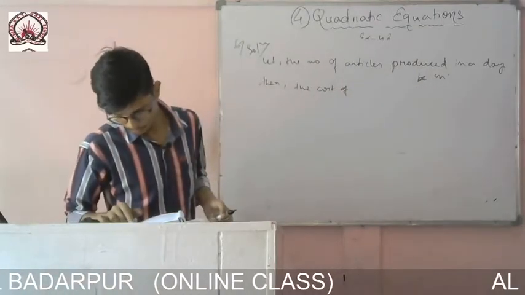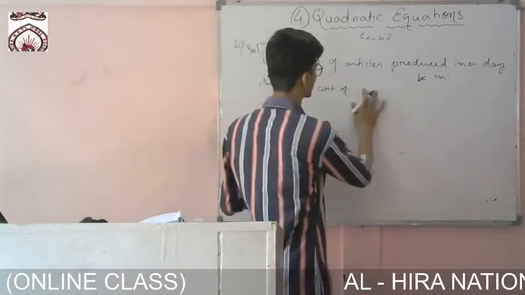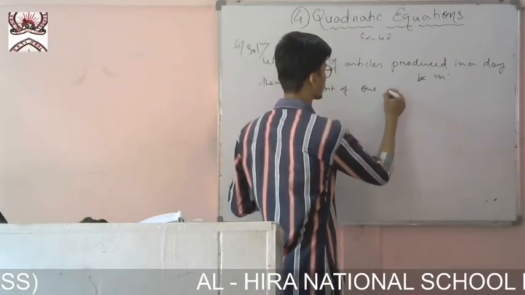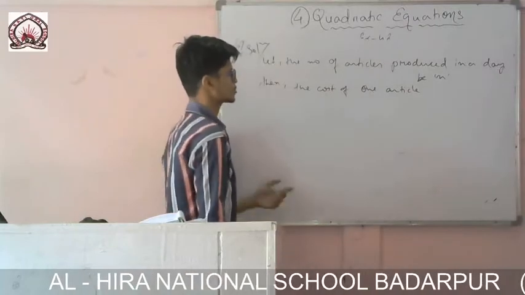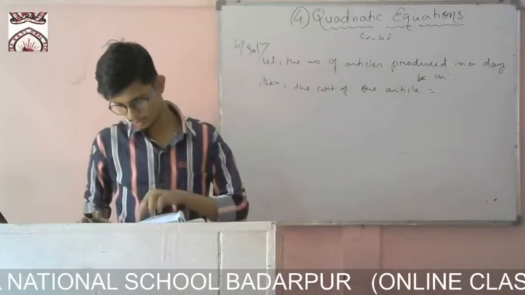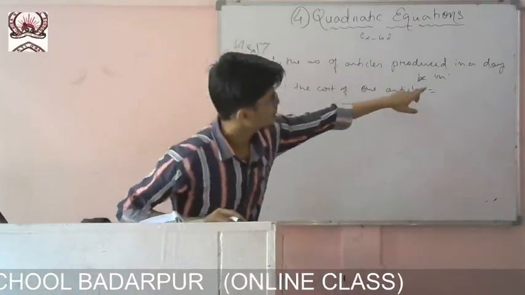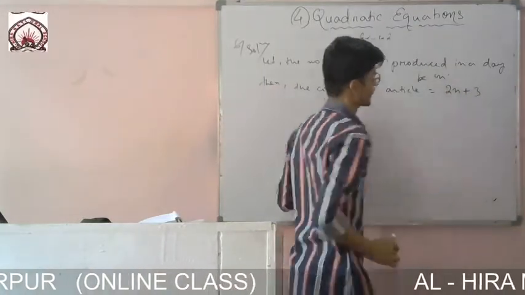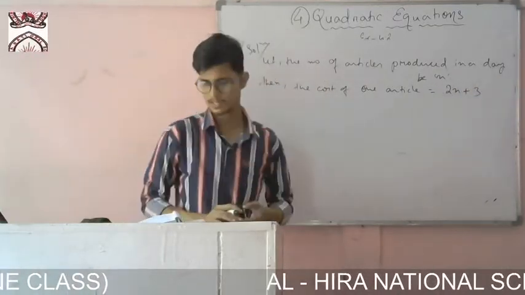Therefore the cost of one article, the cost of production of each article, is what is given here. Try to make the equation: 3 more than twice the number of articles. The number of articles is x, so twice the number of articles plus 3 is 2x plus 3. So the cost of production of one article is this.